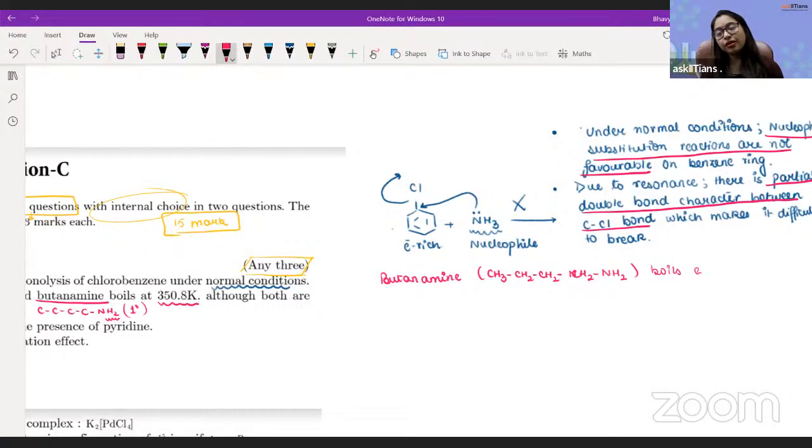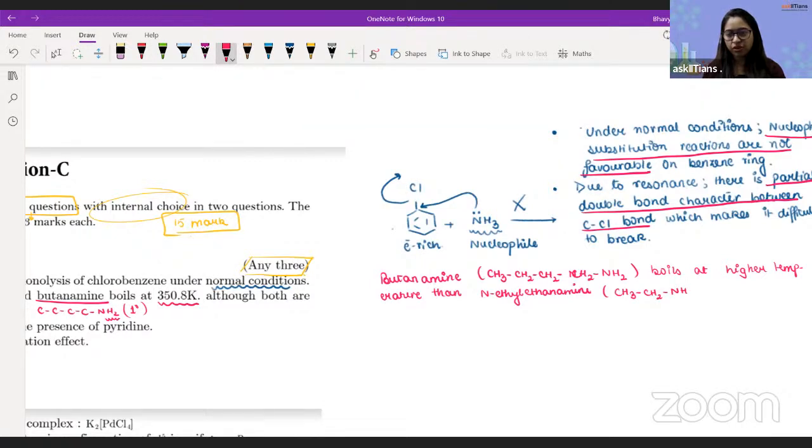Boils at higher temperature than N-ethylethanamine. Again, in the bracket, please draw its structure too. So it is CH3, CH2, NH, CH2, CH3.